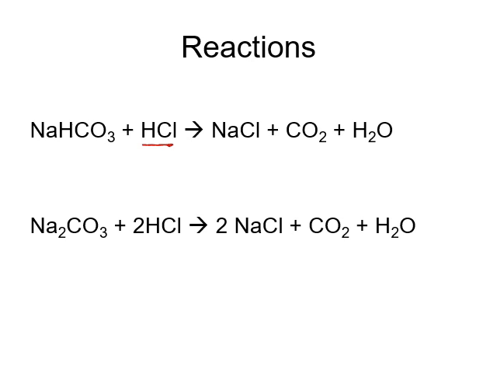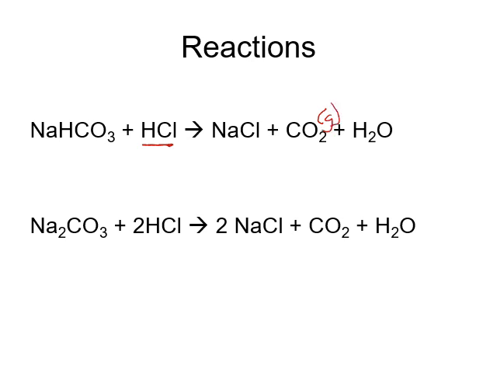The products that we end up with are sodium chloride, carbon dioxide, and water. So carbon dioxide is a gas, and so this is the bubbles that you're going to see that are given off as the reaction progresses.